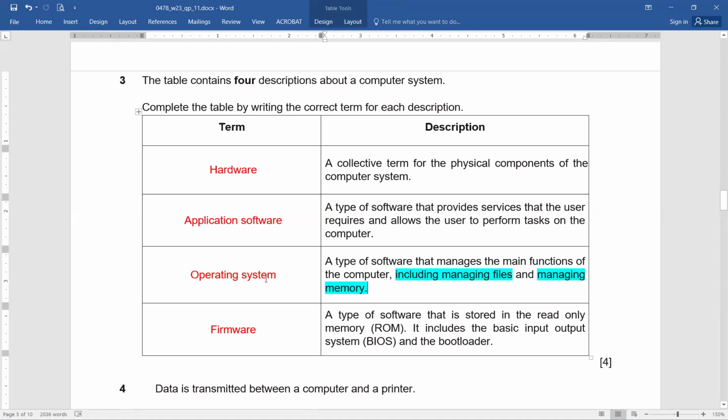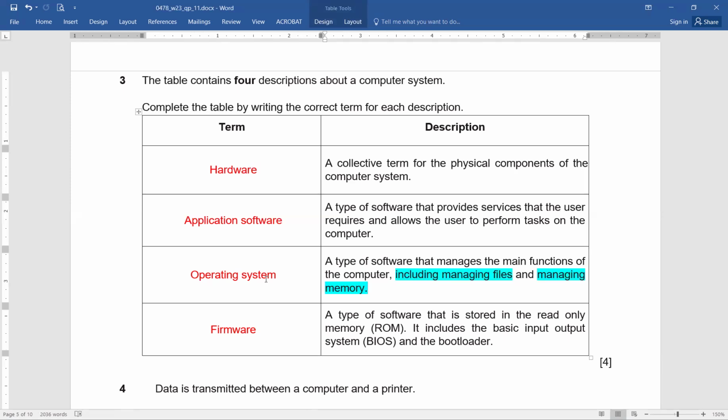This is what we have been learning, isn't it? So be cautious. Services that the user requires and allows the user to perform tasks on the computer means application software. And on the contrary, another software that is needed for managing the files or managing the memory is the operating system, the only option available.